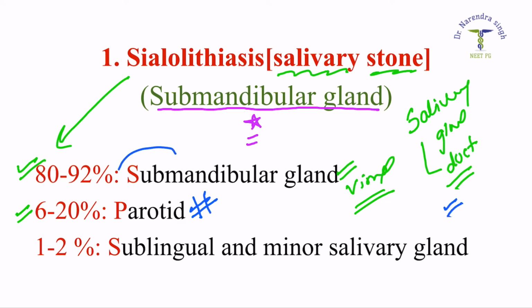Most common is submandibular, second most common is parotid, and in only 1 to 2% of cases it is the sublingual and minor salivary glands.